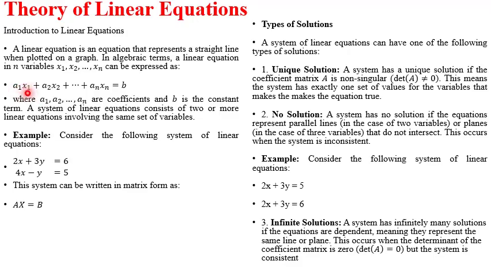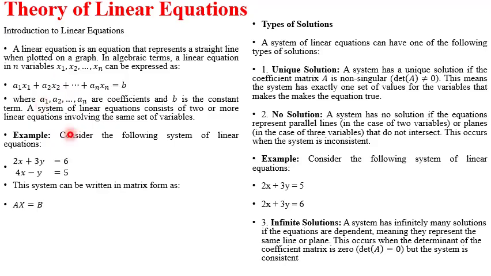So if that is the case, then the coefficient of each of the variables comes just before the variable. And usually, in linear equations, the summation of such variables will be equal to a constant term in this form.